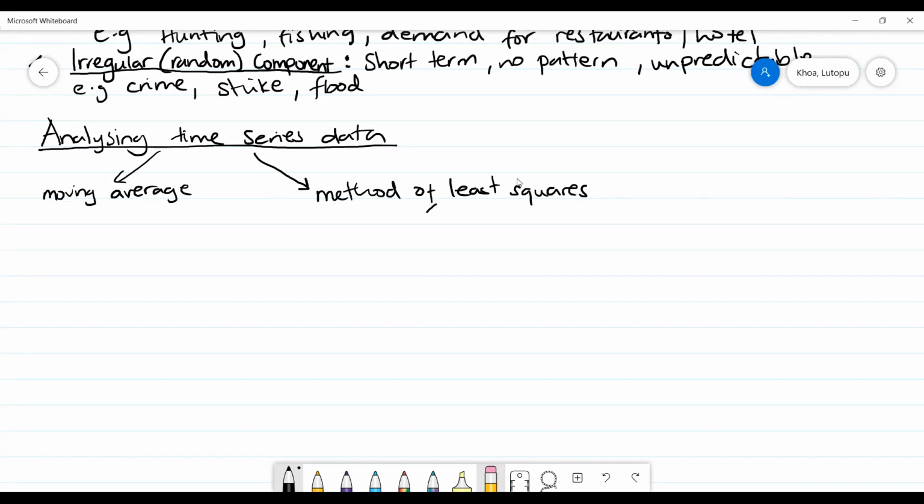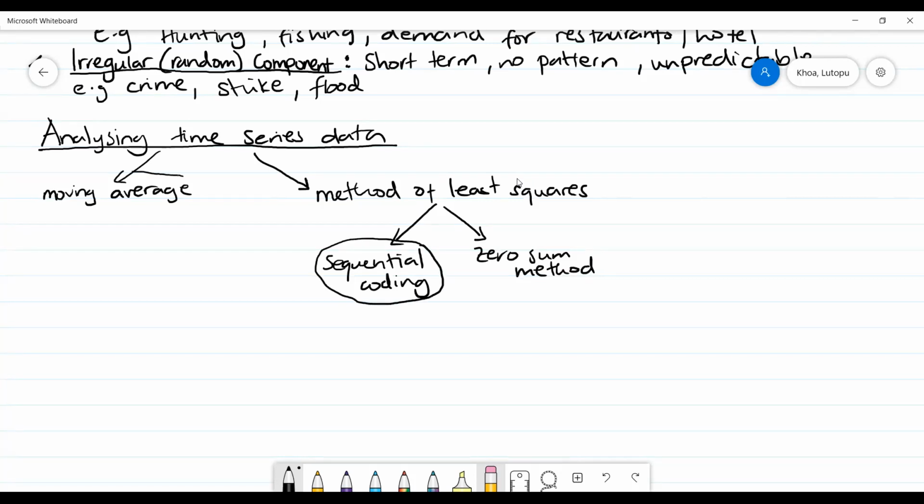With the method of least squares, there are two ways that are mainly used. We will focus on the first one, which is sequential coding, and the other one is the zero-sum method. So we will focus on this method and also look at this one over here. This method of least squares is also known as regression analysis.